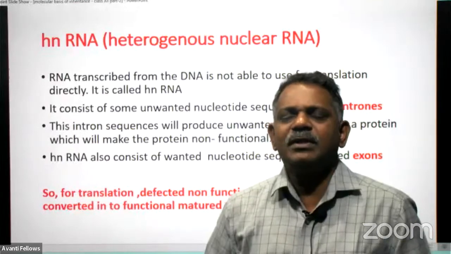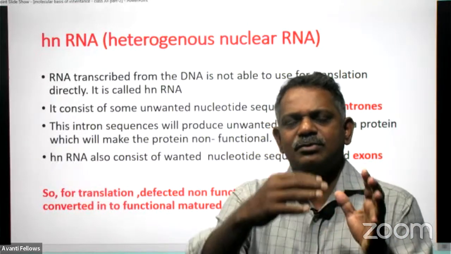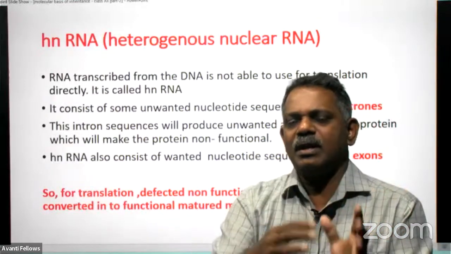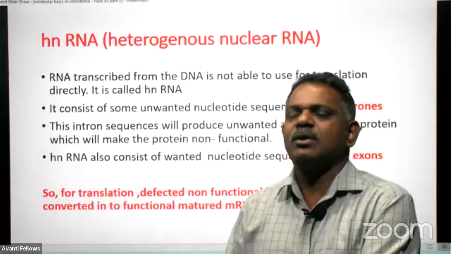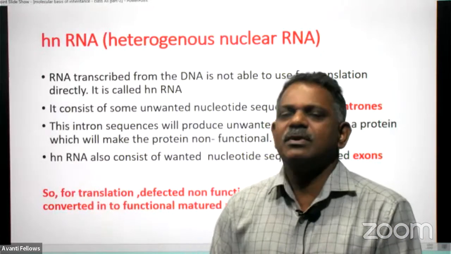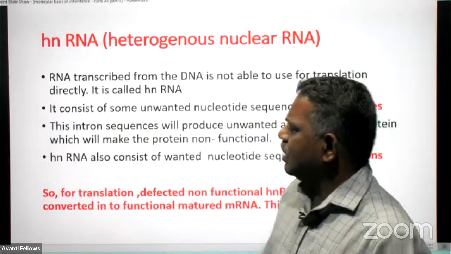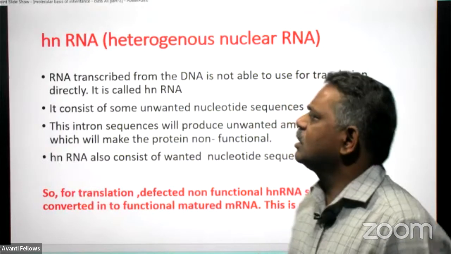After the formation of the matured RNA, this RNA will be taken from the nucleus to the cytoplasm for the last process, which we call translation. That is what we are going to discuss now.